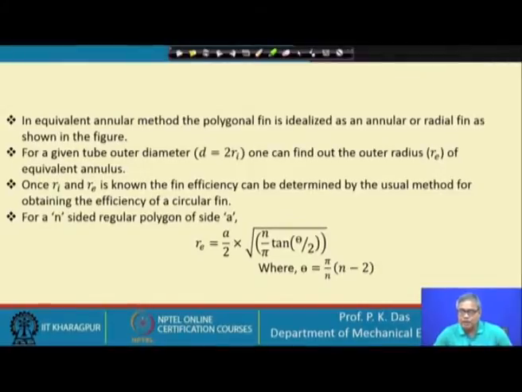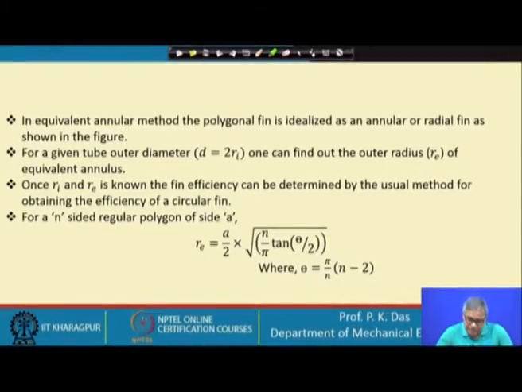One can find out the outer radius of the equivalent annulus, denoted as r E. So, basically instead of a polygon, now we are getting an annular geometry which has inner radius r I and outer radius r E. Once r I and r E are known, the fin efficiency can be determined by the usual method for obtaining the efficiency of a circular fin.